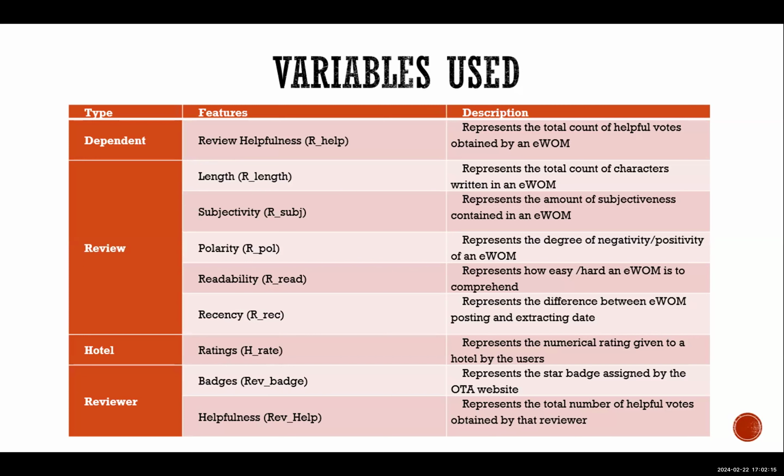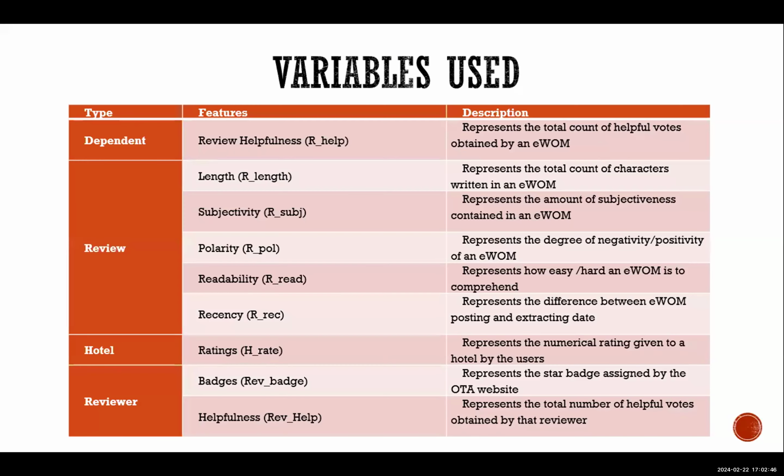These badges are given depending on the quality of contribution of the reviewer, their experience, the number of reviews, or how helpful other potential customers are finding their contributions. And last is the reviewer helpfulness. It represents the total number of votes obtained by a particular reviewer on all the reviews written by them.